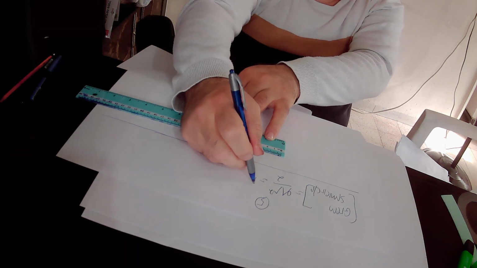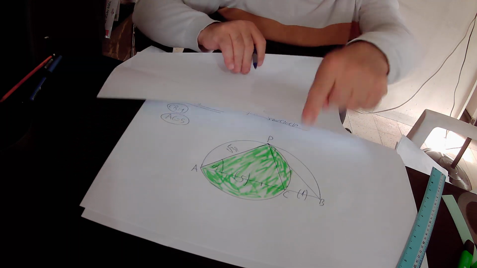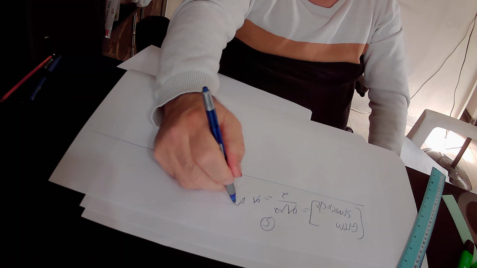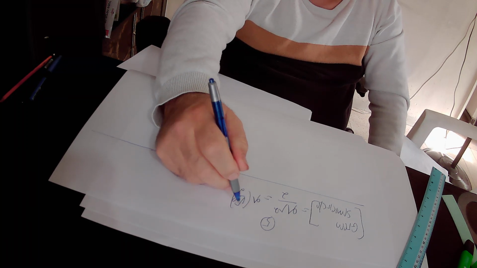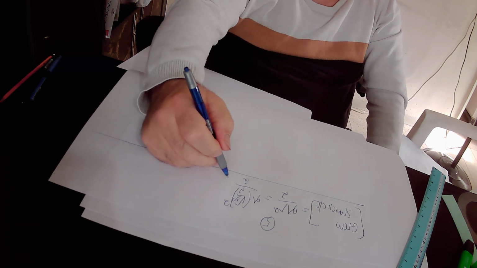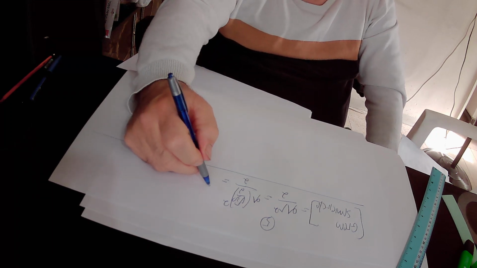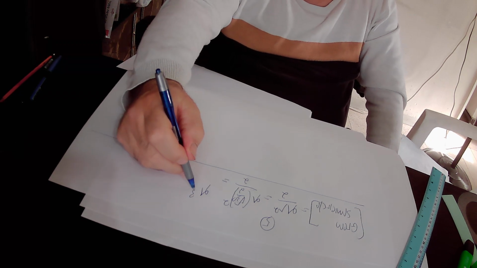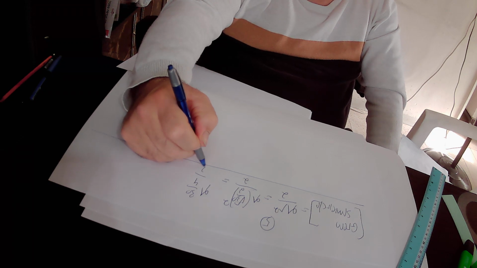So it is pi, and we just found out that r, the radius of this green semicircle, equals the square root of 30 over 2. Therefore, r squared is the square root of 30 over 2, squared, divided by 2.